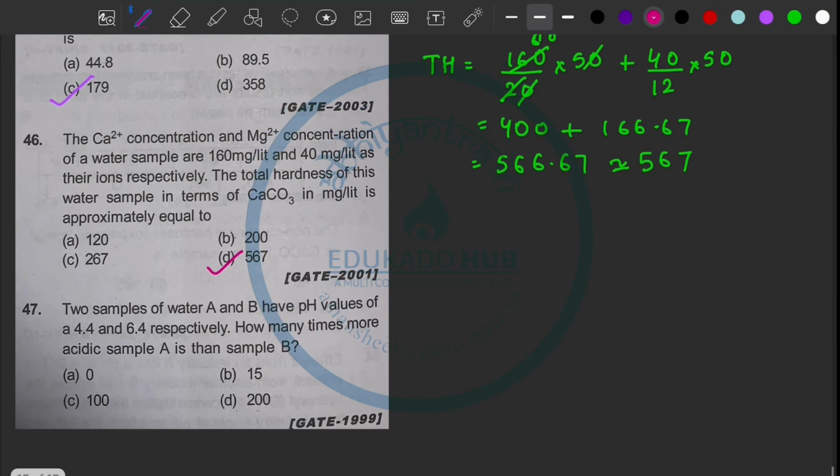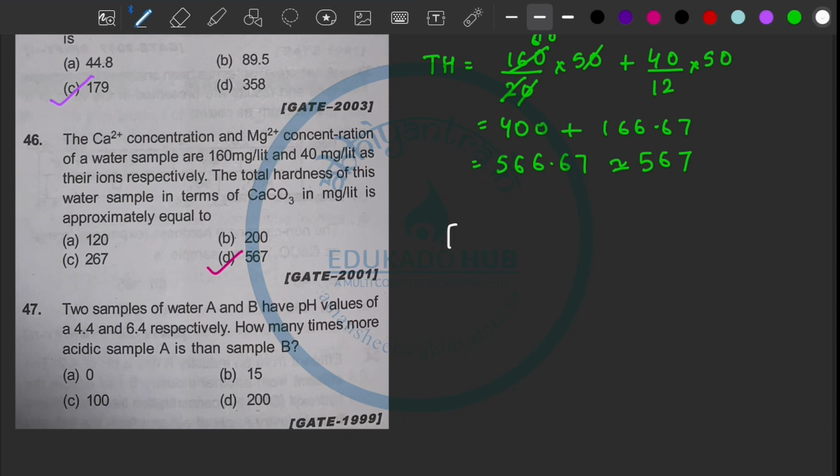Now the last question that we are going to do in this chapter is two samples of water A and B have pH values of 4.4 and 6.4. How many times more acidic sample A is than sample B? See, we need to just check the ion concentration.